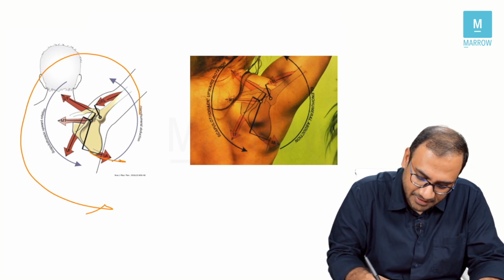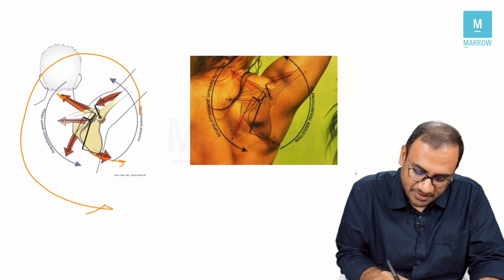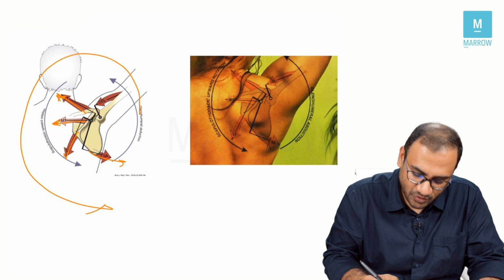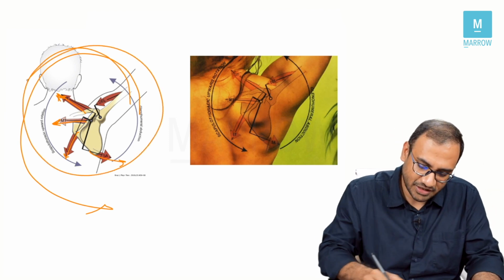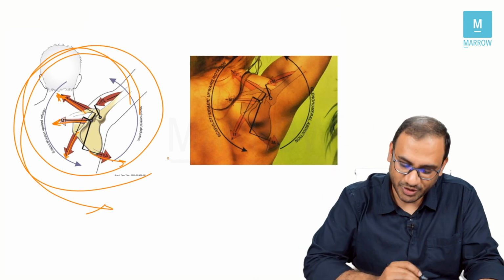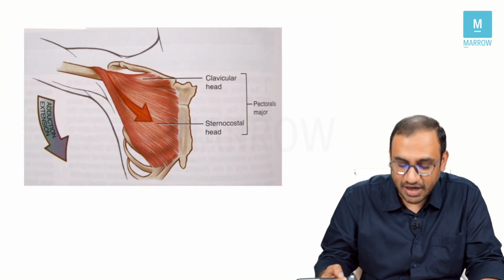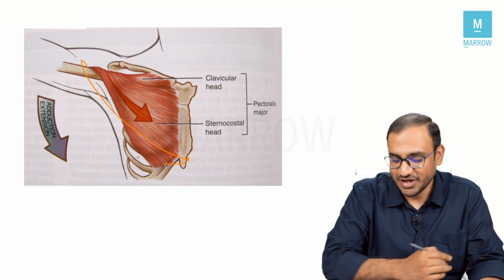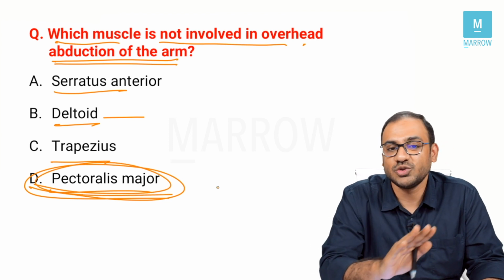So the serratus anterior pulls it outwards and anteriorly, and the upper, middle and lower heads of the trapezius all help the scapula turn around, giving you your shoulder abduction, right? So the odd man out here is pectoralis, because the function of pectoralis is to adduct the shoulder. So the odd man out here, my friends, has to be pectoralis major, and there is no doubt about it.